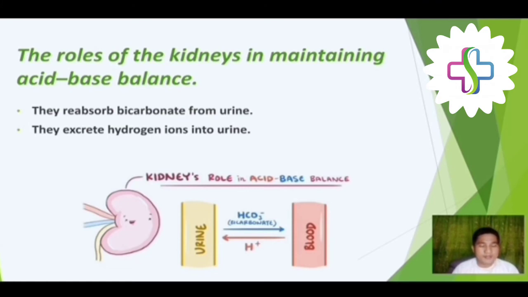The kidney helps the lungs to maintain acid-base balance by excreting acid or base into the blood. Look at the picture. This is one example of the kidney's role in maintaining the acid-base balance, from urine back to the blood, and blood back to the urine.